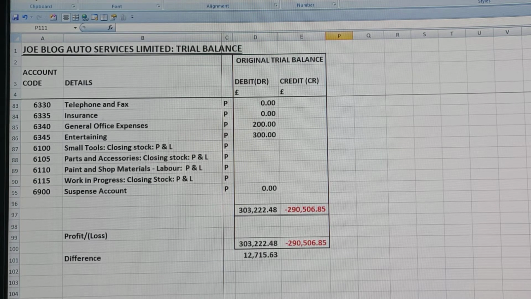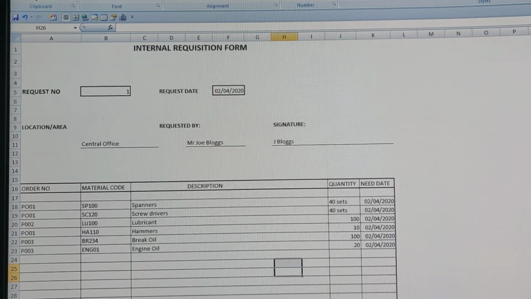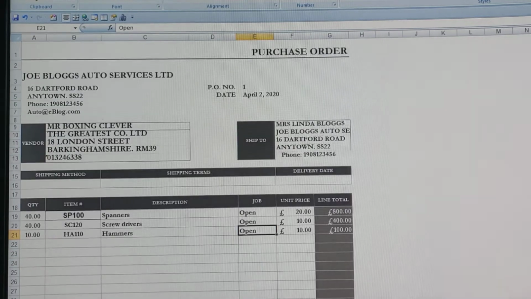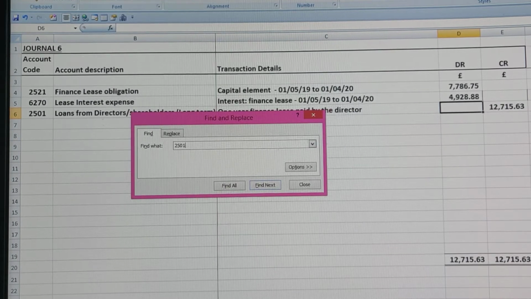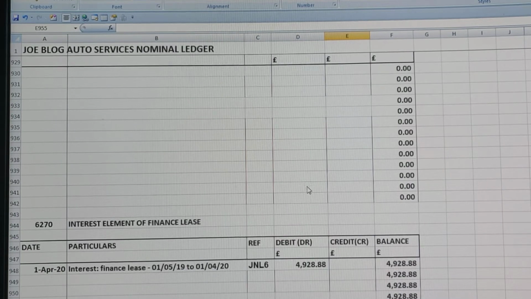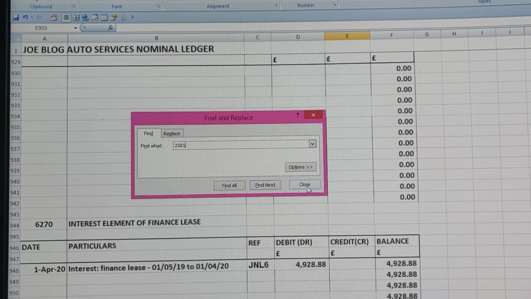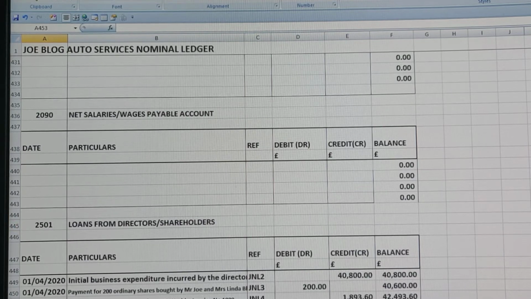That credit side is to increase what is owed to the director, that is, credit the director's loan account, the loan from the director's account. The code for that, which I've already put on the code list, is 2501. So 2501 in the nominal ledger. And the date again is 1st of April 2020.